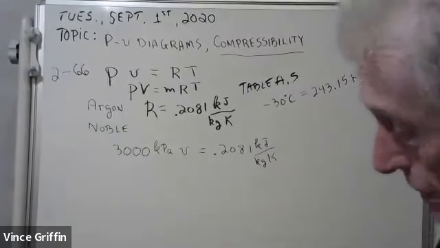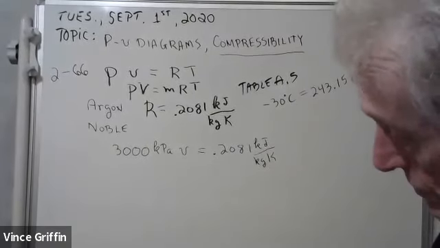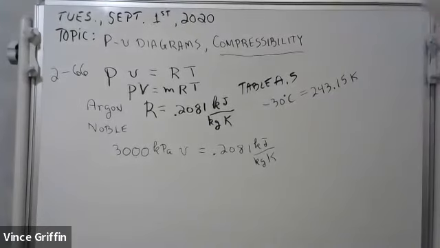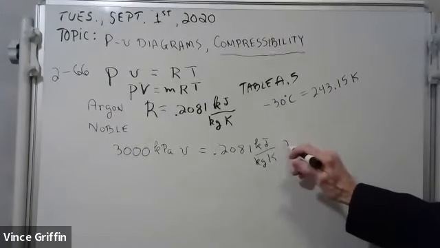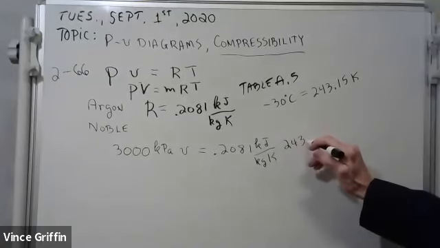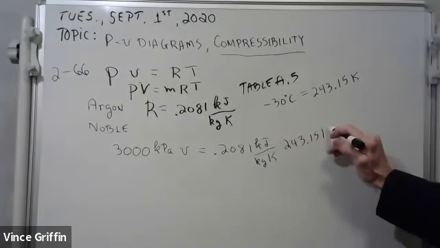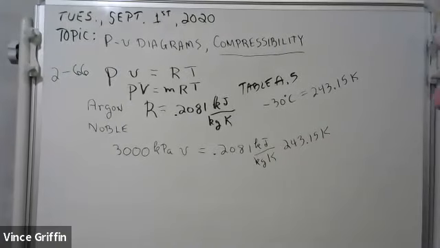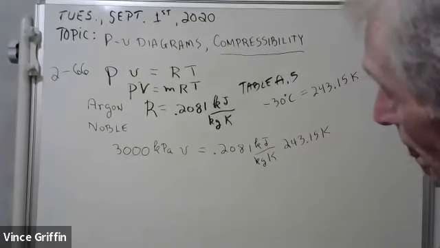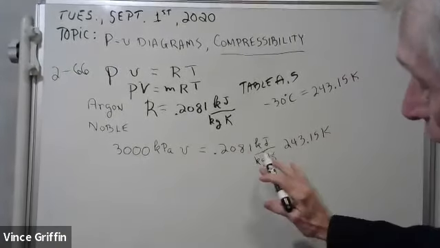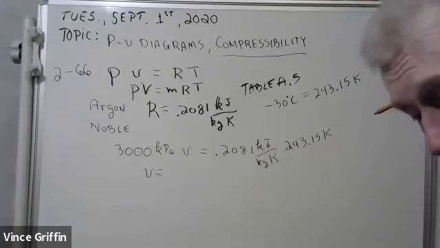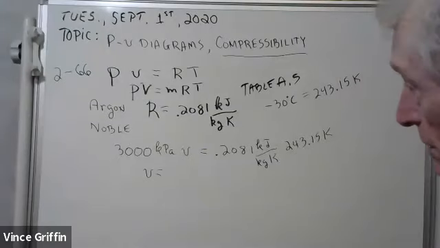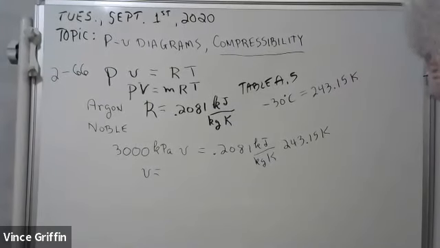I'll be glad to explain that if anybody needs me to, just speak up. I think I did that right. So we're going to put that right here. See, the kelvins will cancel out. I think the units are all fine, and we can get our specific volume. Get your calculators and tell me the specific volume.